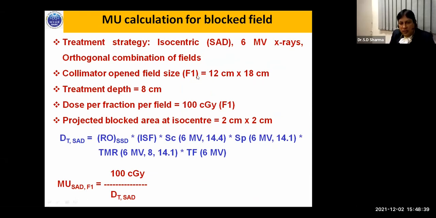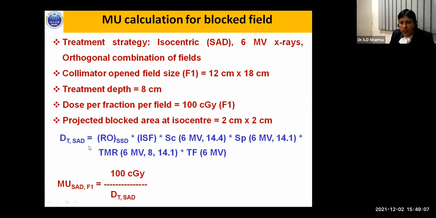Collimator opened field size: we are considering only one field, whatever I have shown in the earlier picture, that is 12 centimeter by 18 centimeter. Treatment depth is 8 centimeter here, for example. Dose per fraction per field is 100 centigray per field, and assume here that both the fields have equal weighting. Projected block area at isocenter is 2 centimeter by 2, as we have seen in the earlier picture.